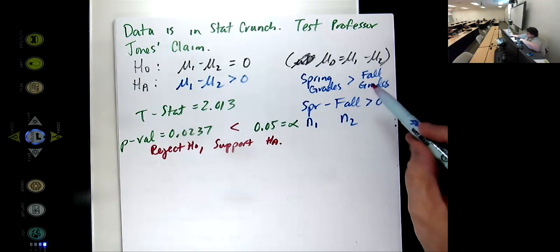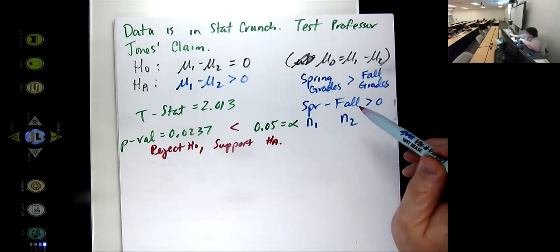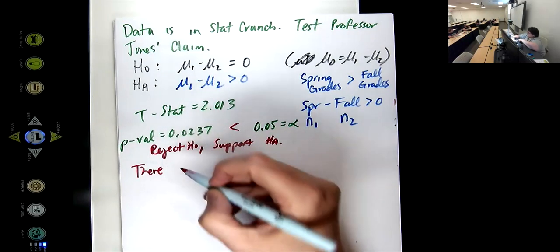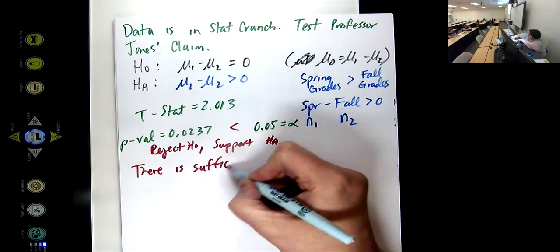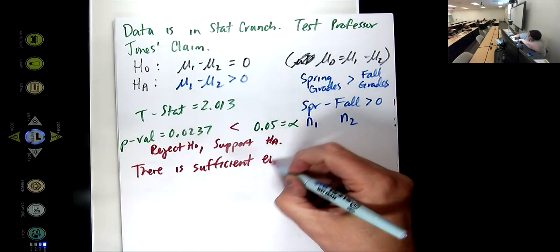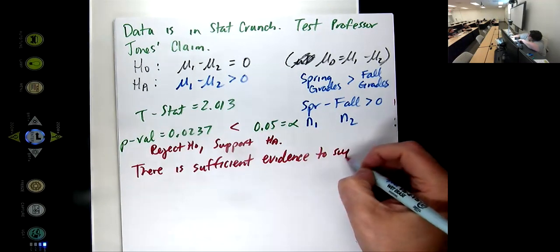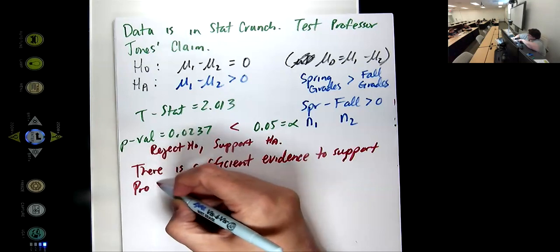HA wasn't that spring grades were better than fall grades. It was that the stuff on time management. There is sufficient evidence to support the claim, support Professor Jones's claim.